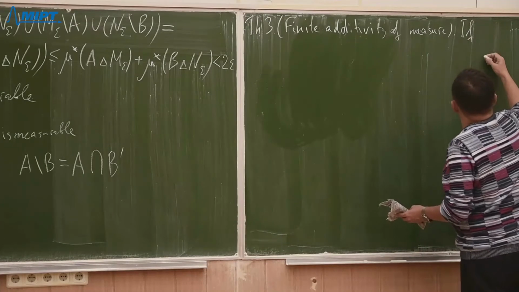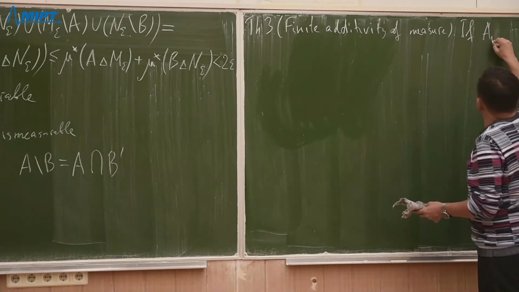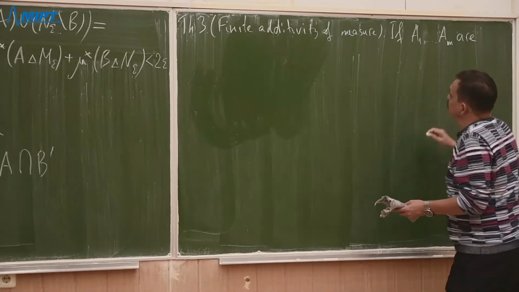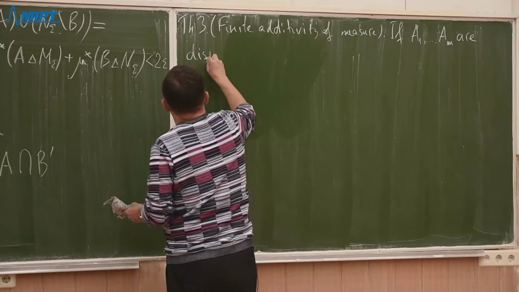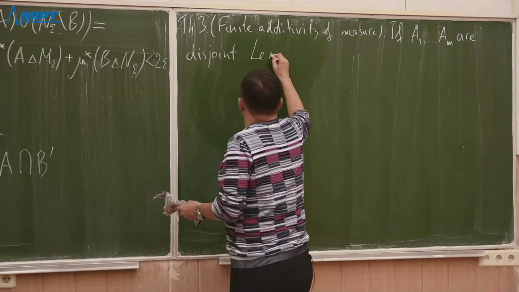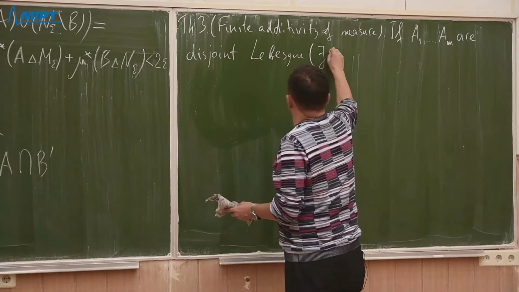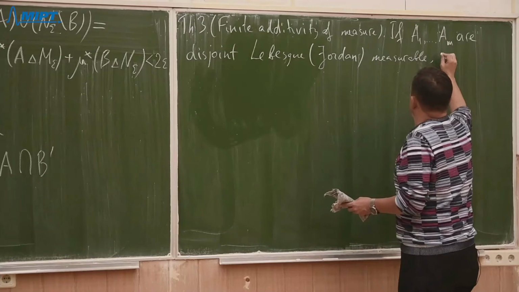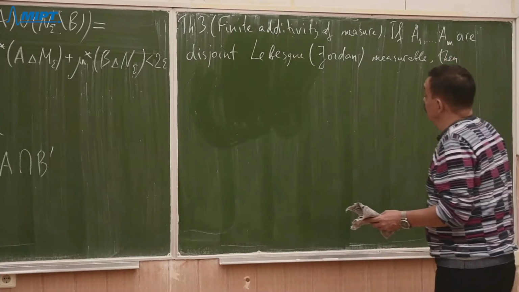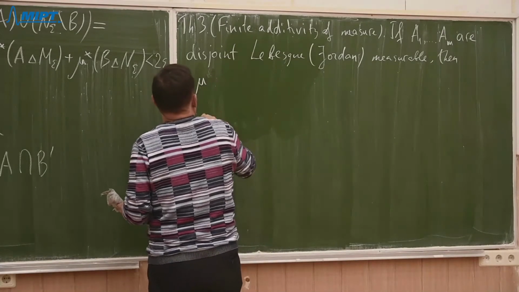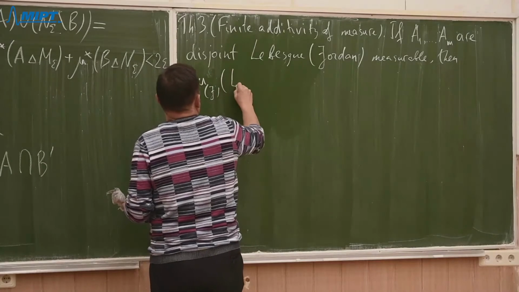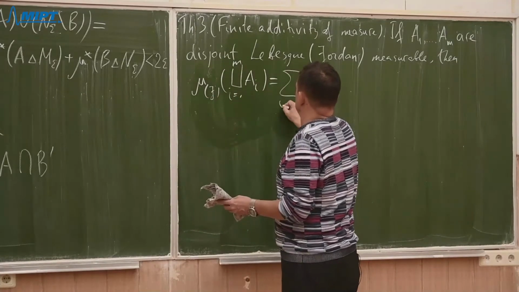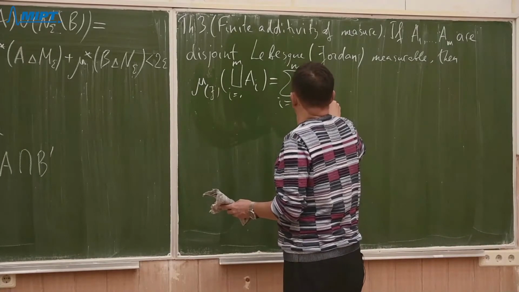So if A_1 through A_m are disjoint Lebesgue or Jordan measurable sets, then the Lebesgue or Jordan measure of the union equals the sum of the Lebesgue or Jordan measures.